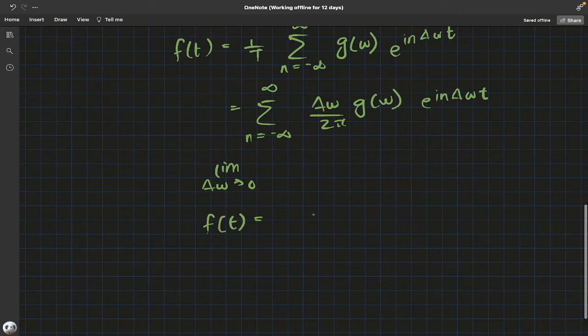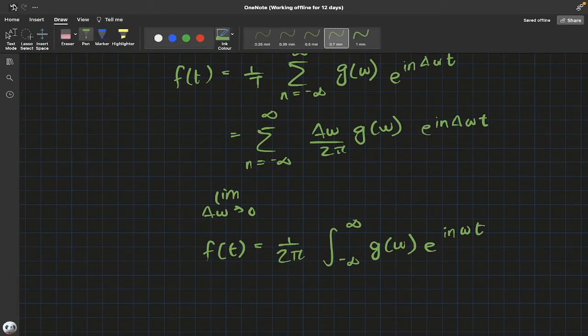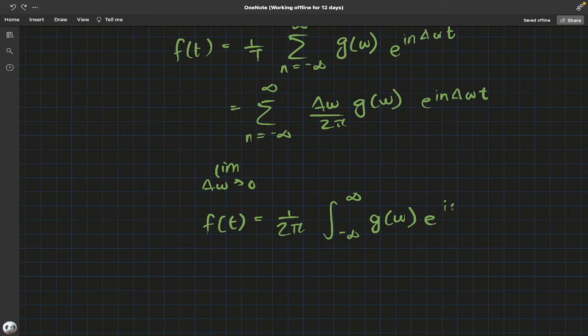It actually represents a Riemann sum. So f of t, which is 1 over 2 pi integral from minus infinity to infinity of g of omega e to the i, or in this case, we have to absorb the n in, because that was part of the summation.